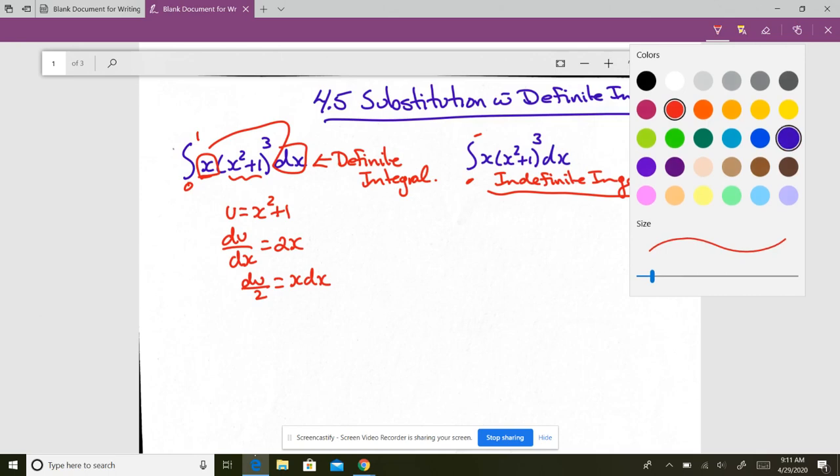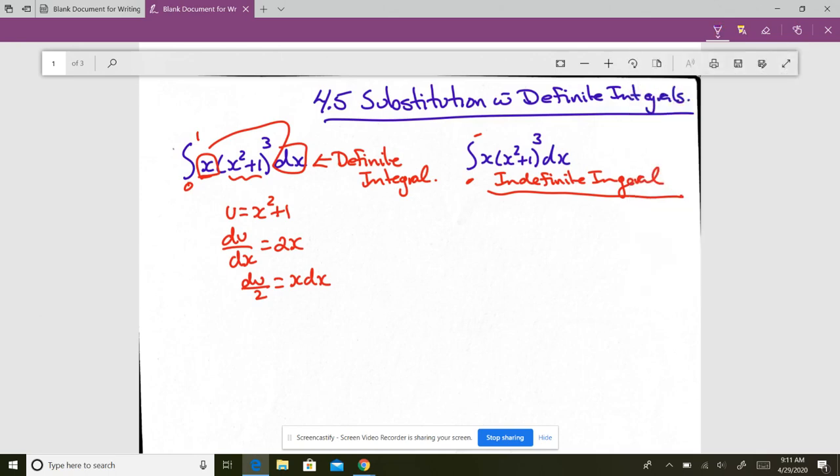So the integral then becomes the integral of u cubed du over 2.